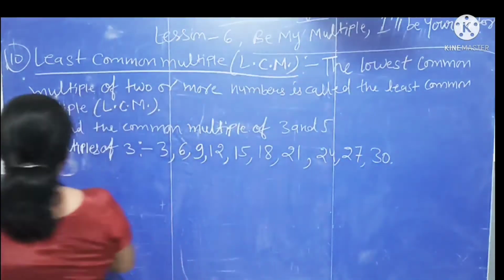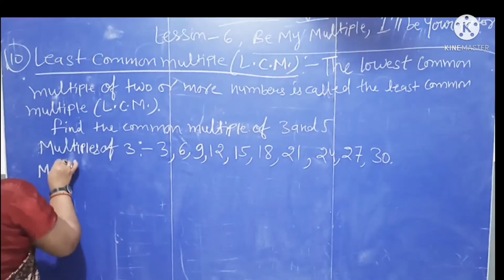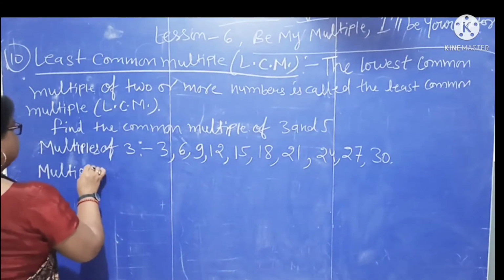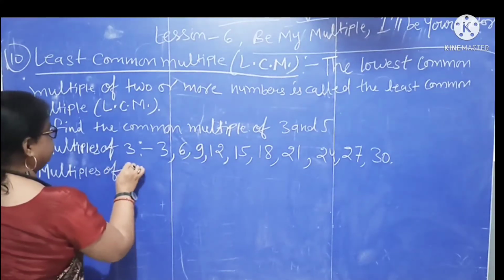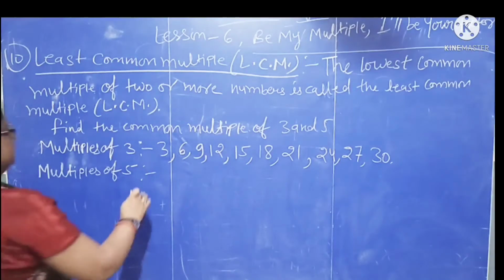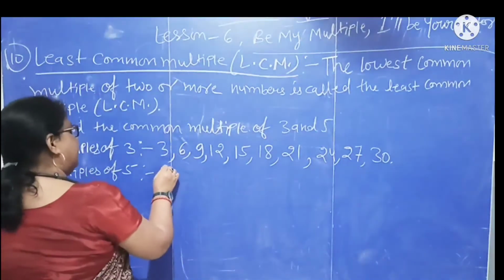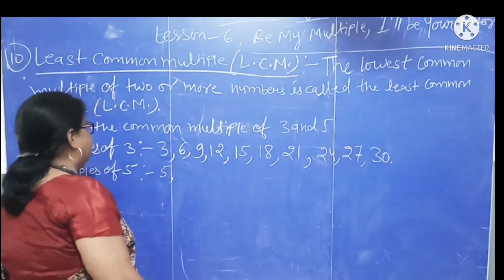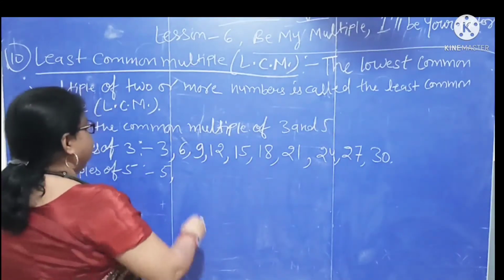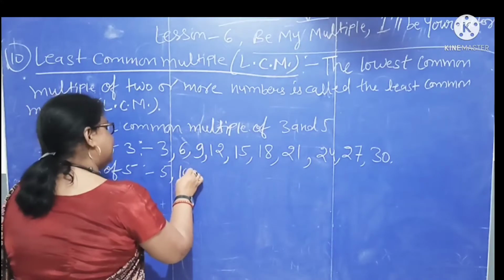Okay. Next, multiples of 5. When we multiply 5 by 1, we get 5. When we multiply 5 by 2, we get 10 as a product.